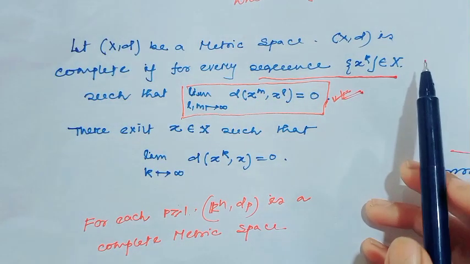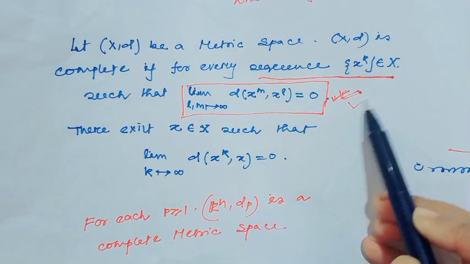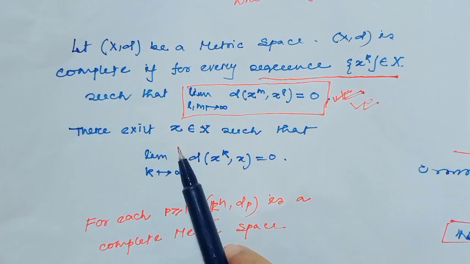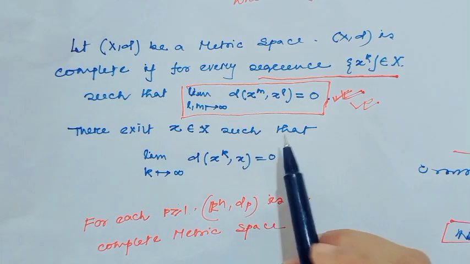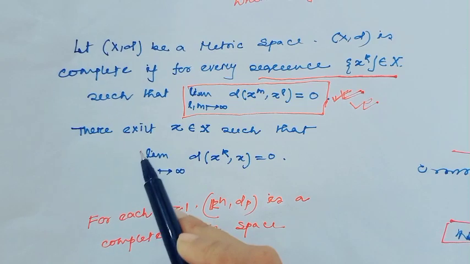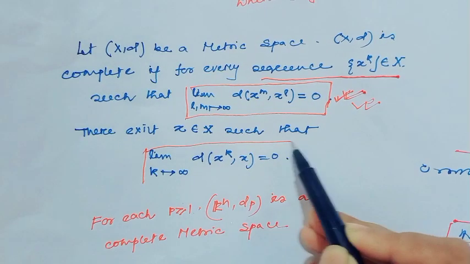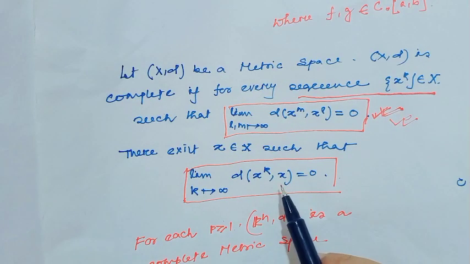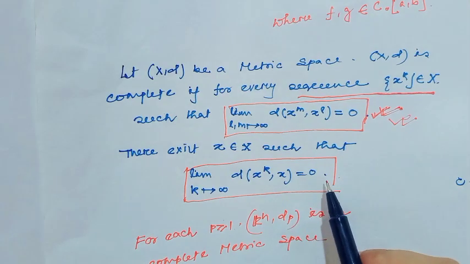That means there exists x in the metric space X such that the limit as k goes to infinity of d(xk, x) equals 0.